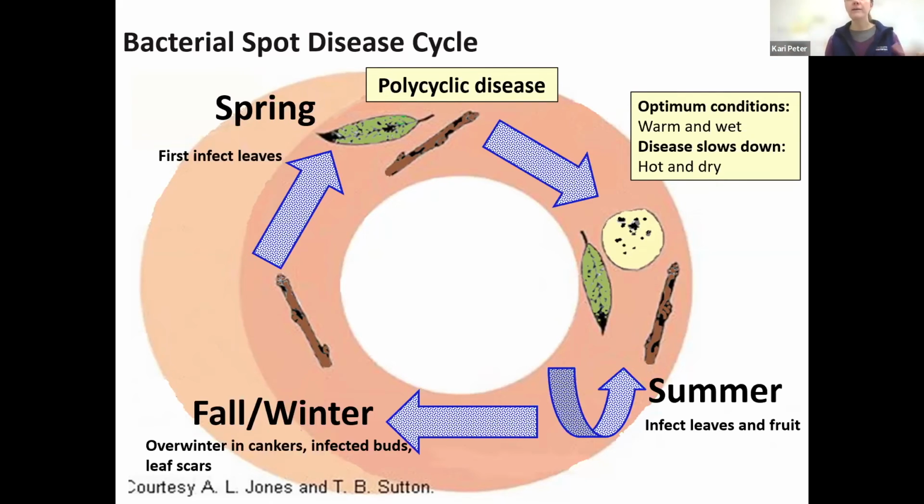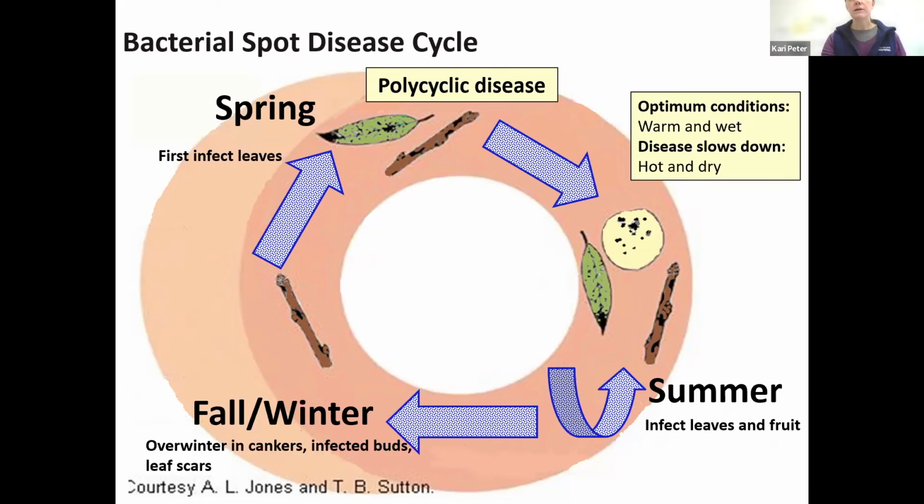When it's hot and dry, the disease slows down, and I can attest to that. Last year for us, bacterial spot wasn't a tragic disease. It was there and kind of a pain, but it was a low incidence season overall, because we just did not have any rain. It was hot and dry all summer, with very few rain events. But if it was hot and wet, then it's going to be a bad bacterial spot year.